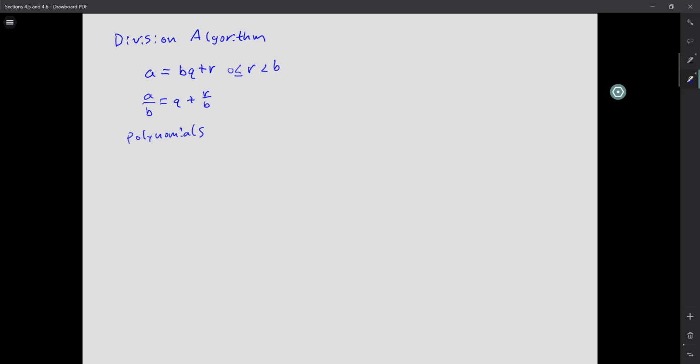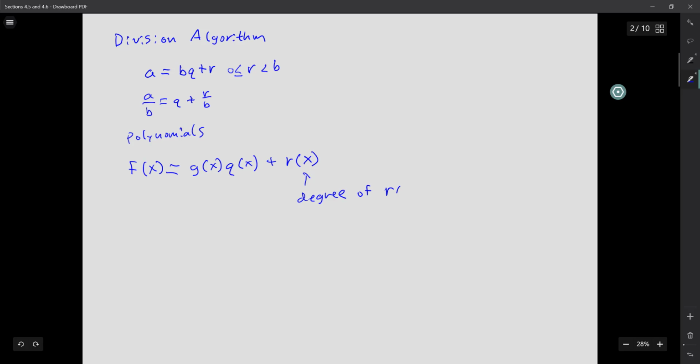So if I'm working with polynomial functions, I'd be looking at f of x equals g of x times q of x plus r of x, where r is the remainder polynomial. The degree of r is less than the degree of g of x.